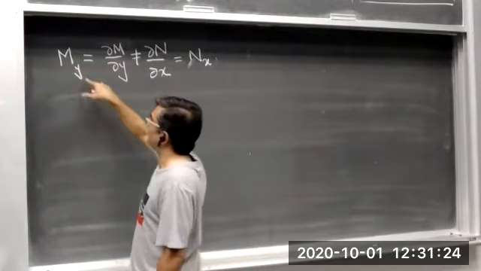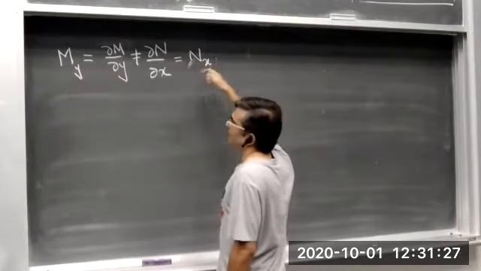It means partial M over partial y. And N_x is partial N over partial x, in fact.